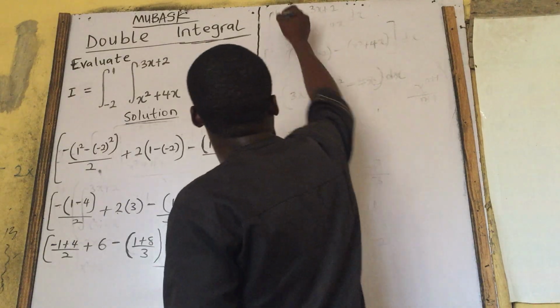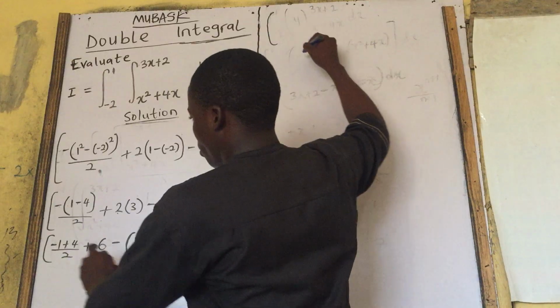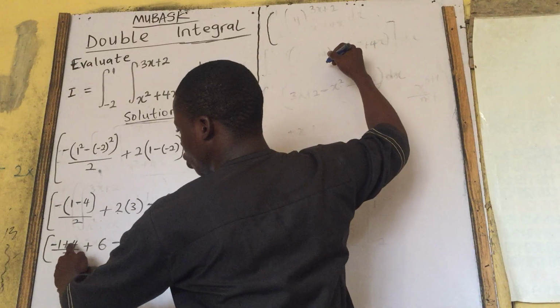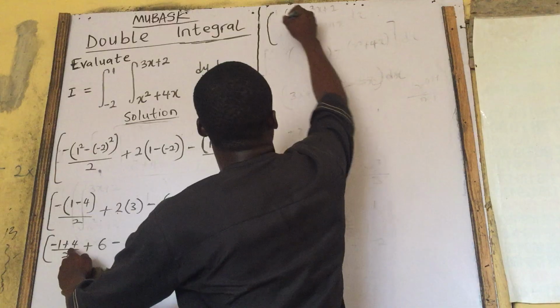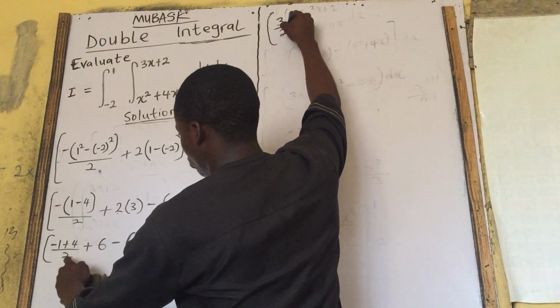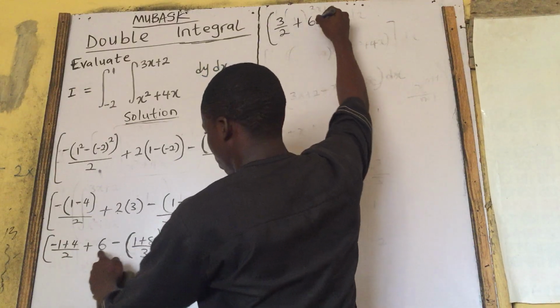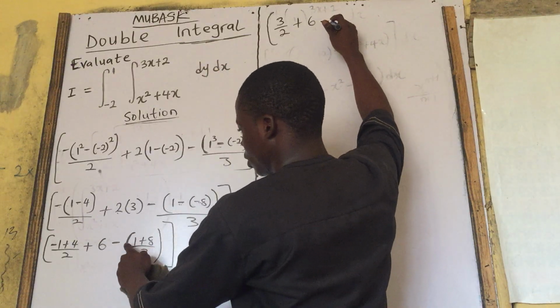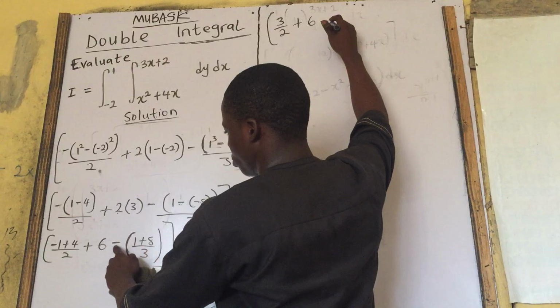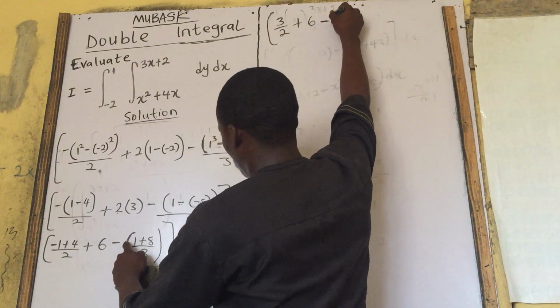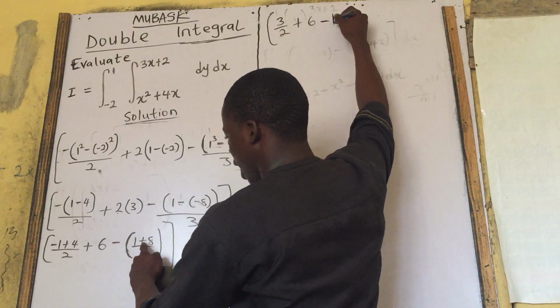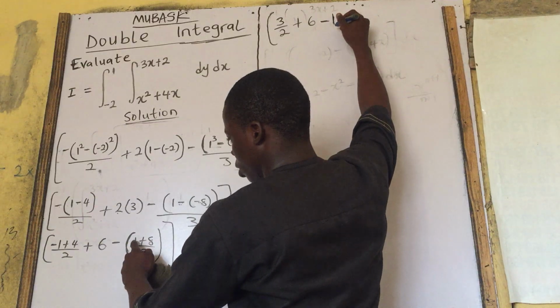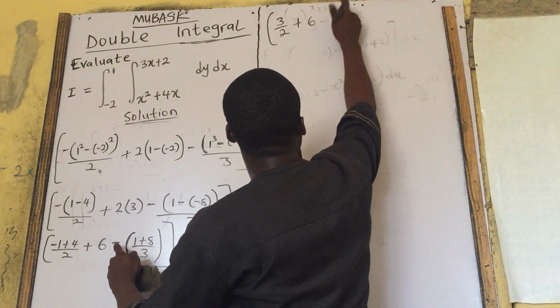Now, minus 1 plus 2 and minus 1 plus 4 will give us 3 divided by 2 plus 6, minus, use this minus to open the bracket. Minus times minus is plus. Sorry, let me do it in this way.